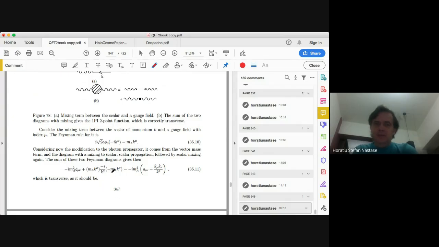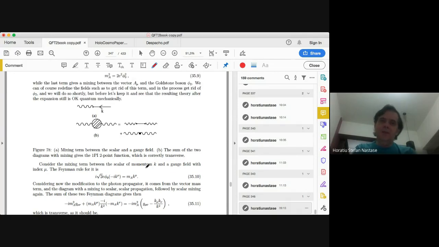And then I combine these two terms, and I see that what I obtain is minus i M_A squared times (g^{μν} minus k^μ k^ν over k squared), which is a transverse 1PI term, as it should be in a gauge invariant theory.